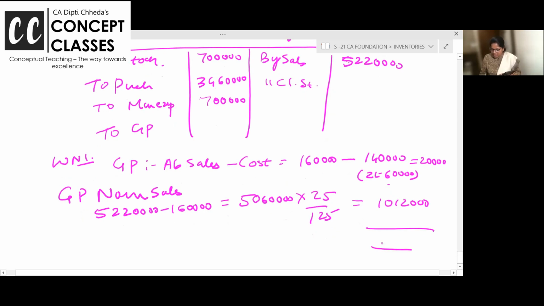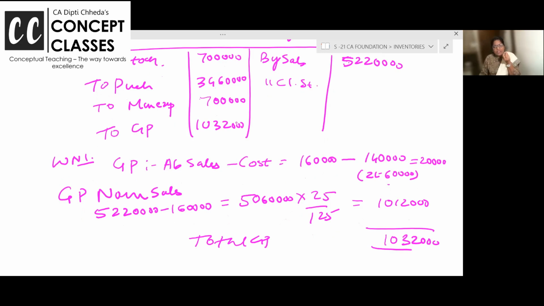So what is the total GP? Abnormal item GP is only 20,000. Normal item GP is 10,12,000 on normal sales. So my total GP, normal and abnormal, is 10,32,000.